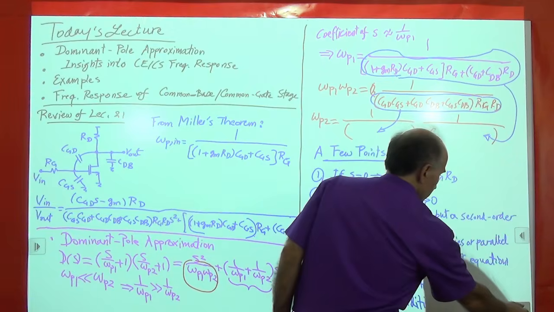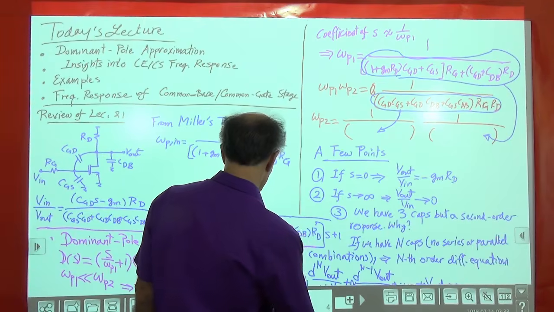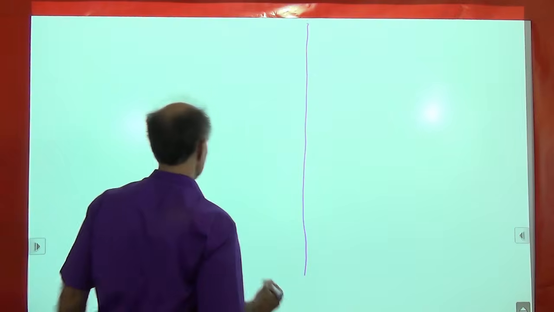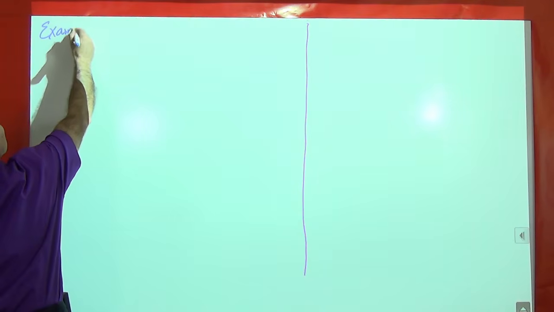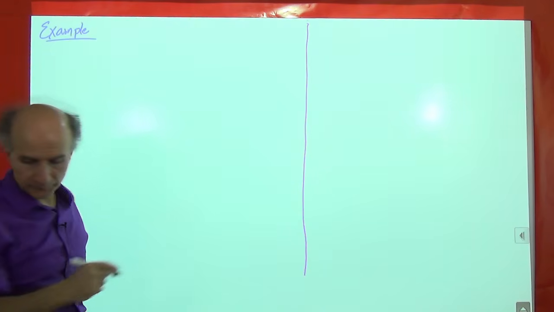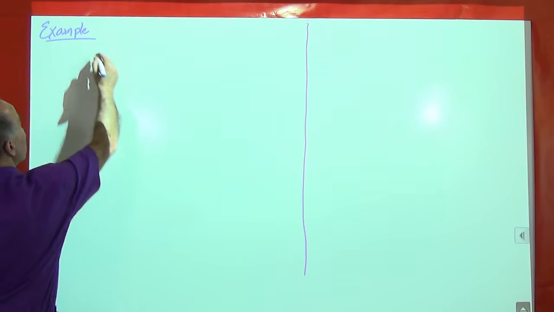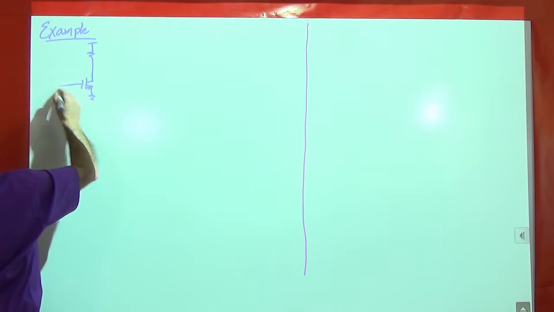All right, let's move on and go over some examples so that we are more comfortable with these equations. Okay, so here's one example. Let's see. Okay, so we have a simple common source stage, just the way we analyzed it.